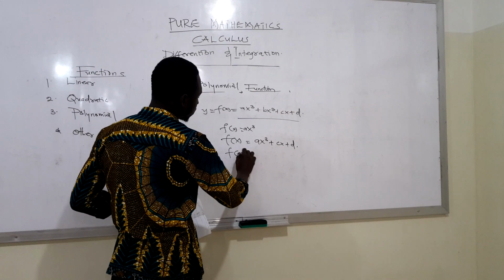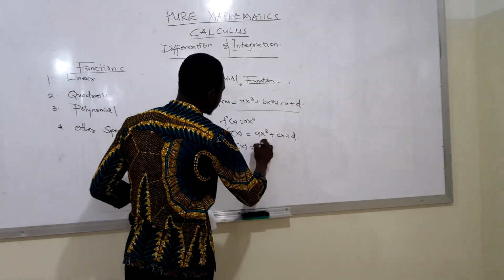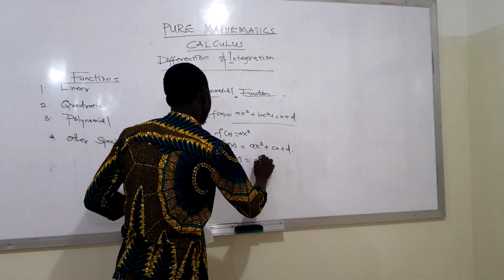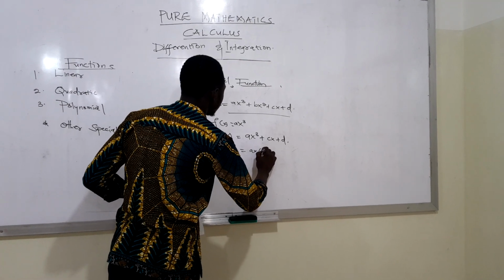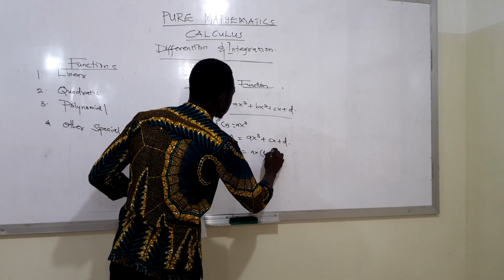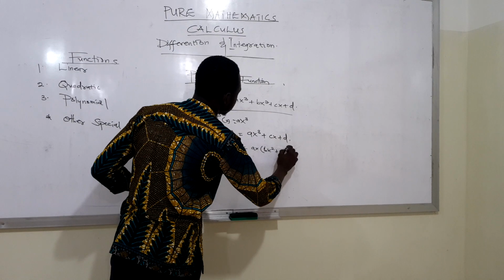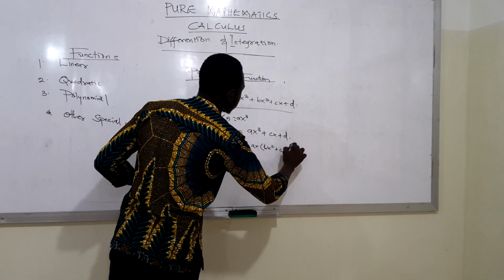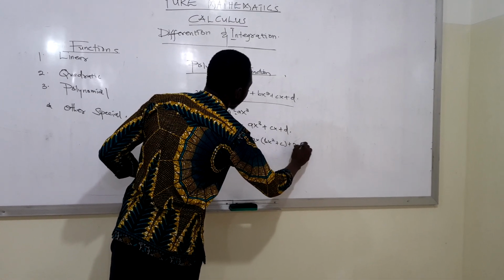F of x can also be ax times bx squared plus c, then plus 2x.